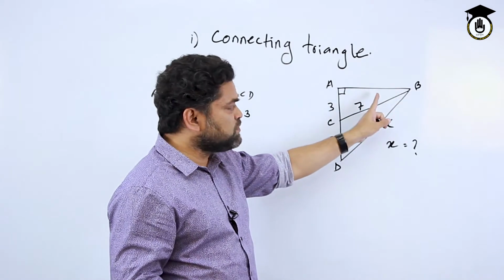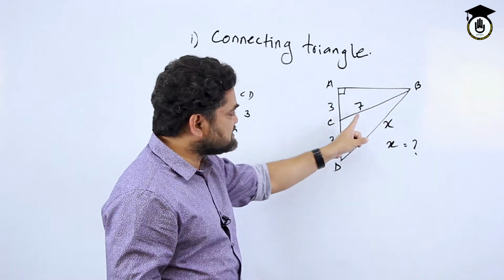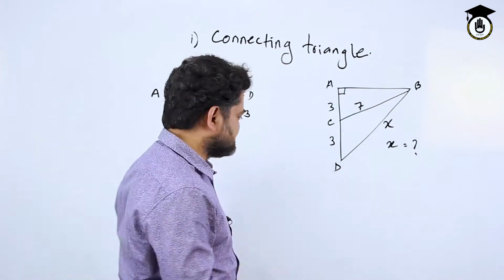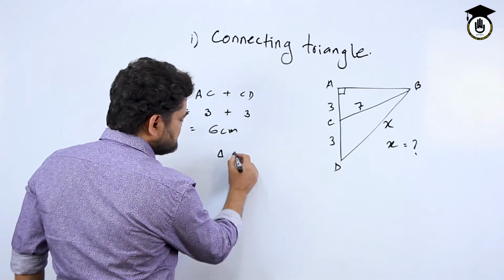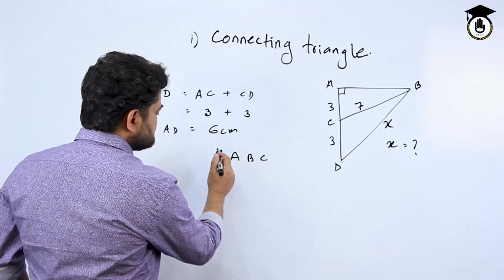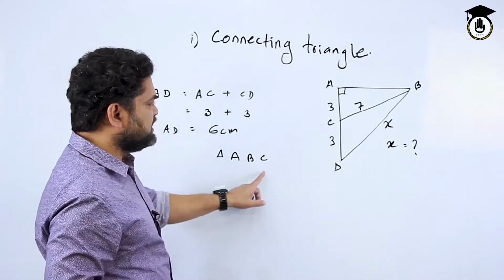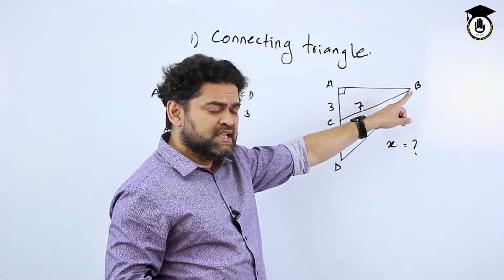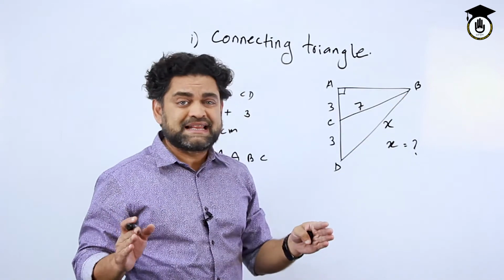To find AB, I have to consider triangle ACB, which is very important. The symbol here is for triangle, so I am considering triangle ABC to find the side AB. I keep repeating so that students can understand.